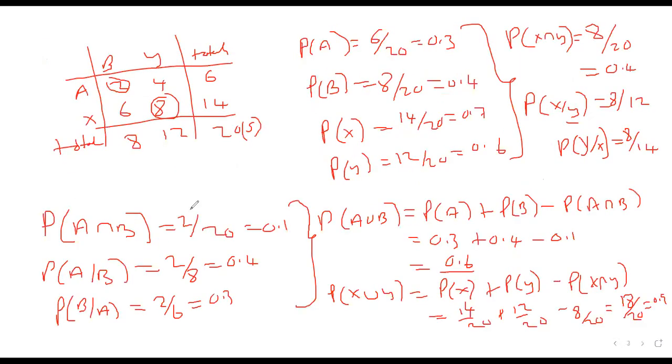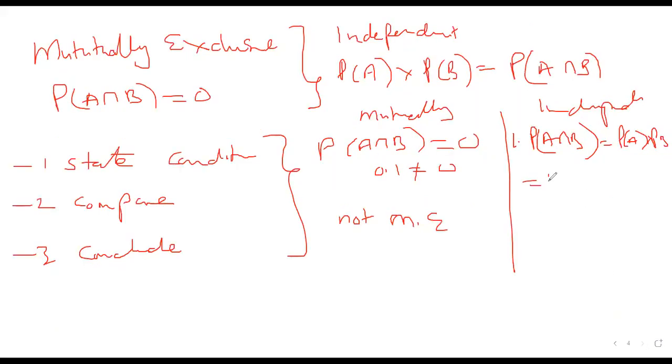Our A was 0.3, our B was 0.4, and our intersection was 0.1. When you multiply these two, it should give you 0.1. So 0.1 should be the same as 0.3 times 0.4. You compare them. We're getting 0.12. Are they the same? No. So we conclude that they're not what? Independent.